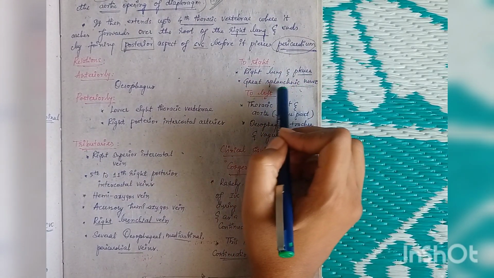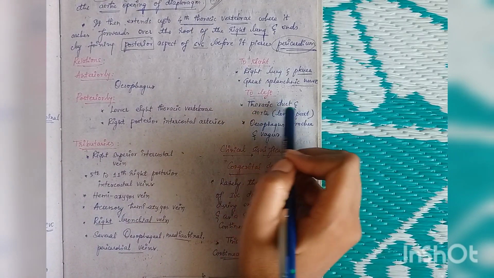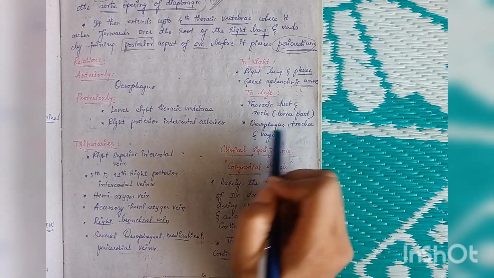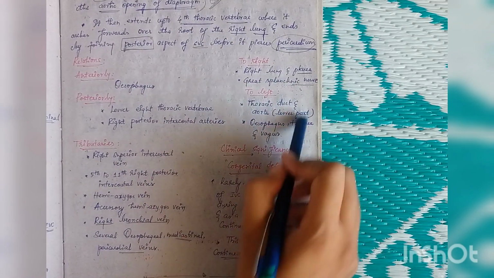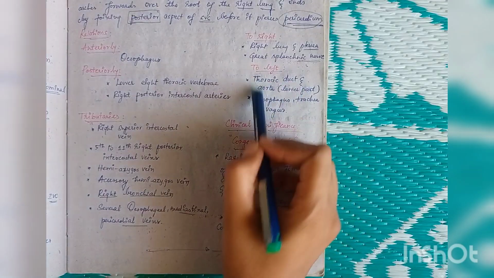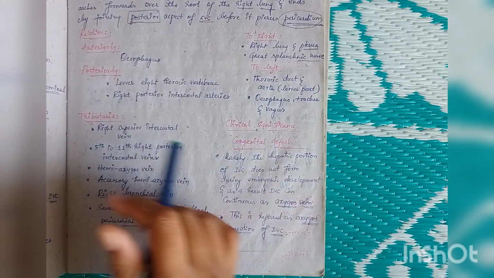This is not the saphenous nerve, this is the splanchnic nerve. To the left are the thoracic duct and aorta at the lower part, esophagus, trachea, and the vagus nerve. Actually, these structures are related to the left side. So you have to remember.